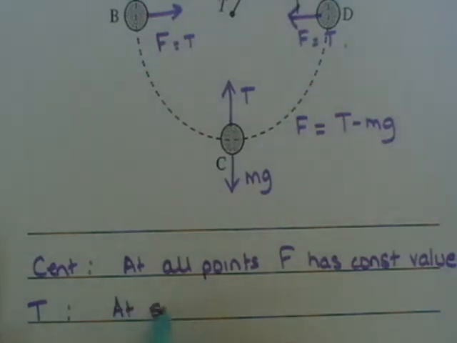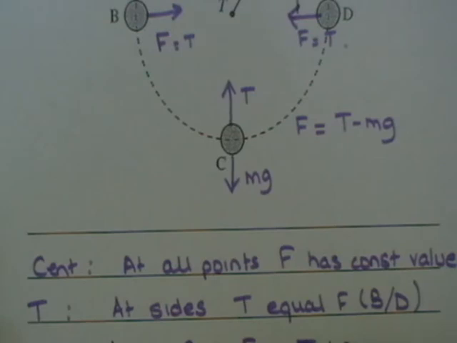At the sides, that's at B and D, tension is equal to F. But at the top, and that's A, centripetal force is equal to T plus mg, therefore T is equal to F minus mg.